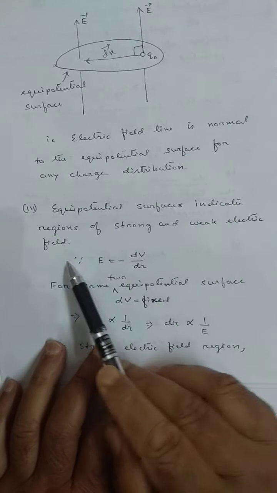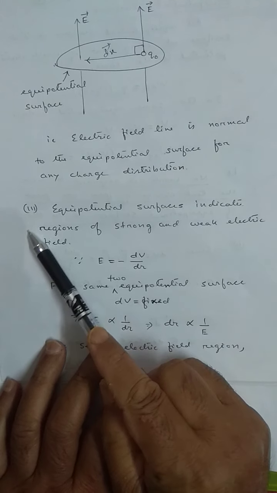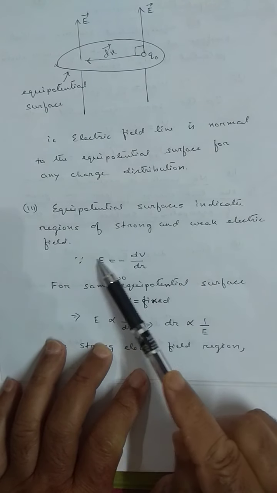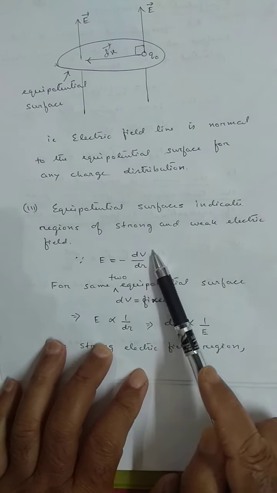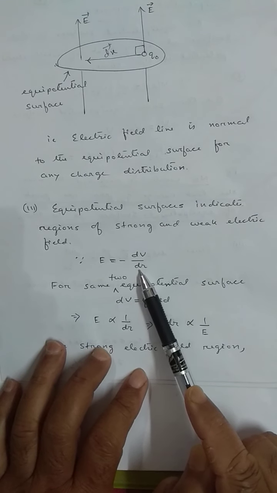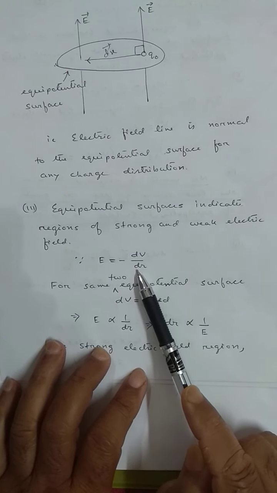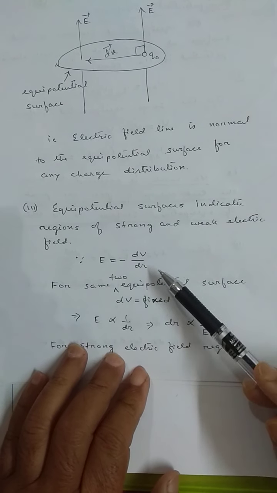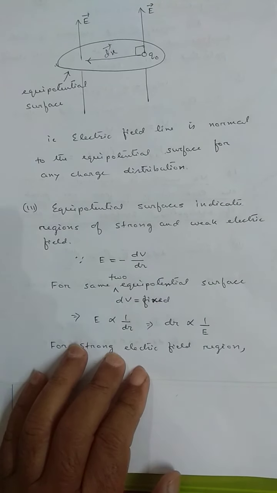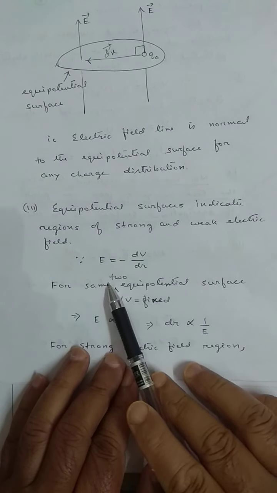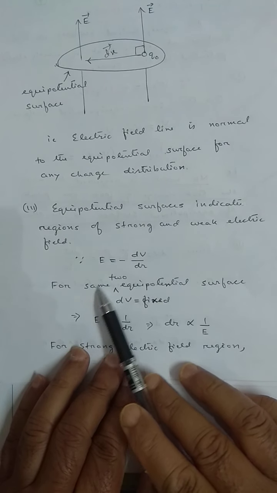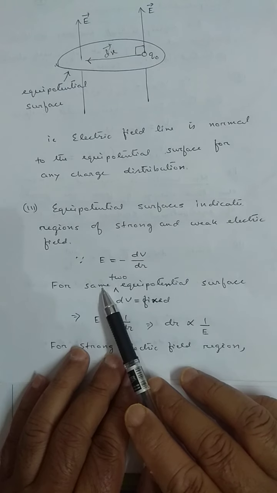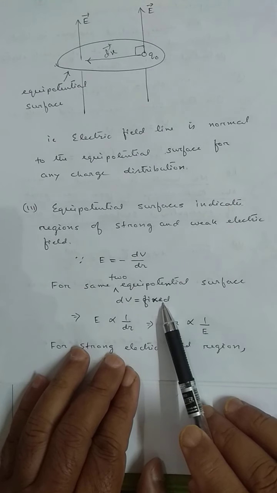There is another property, property number 3. What is E? E is minus dV by dr, or minus dV by dx. Between 2 equipotential surfaces, dV is constant.